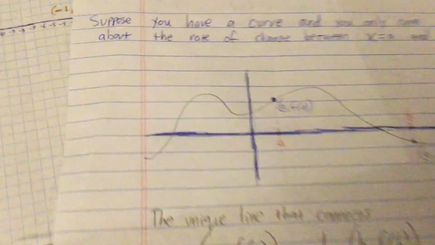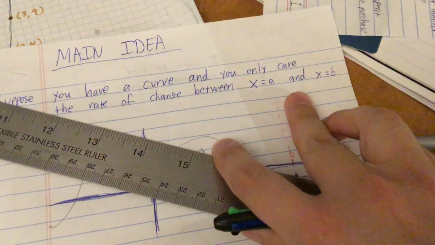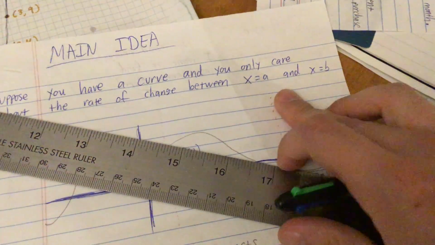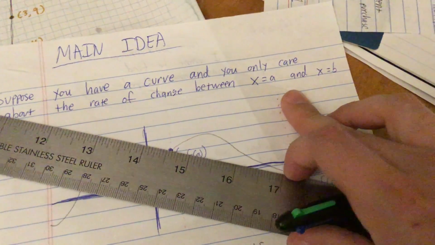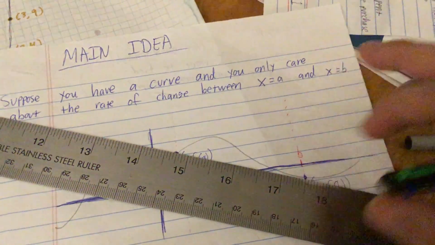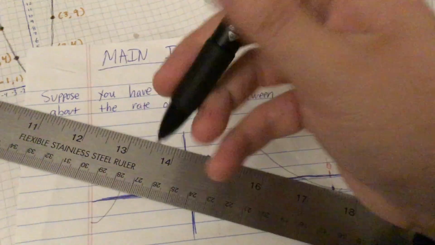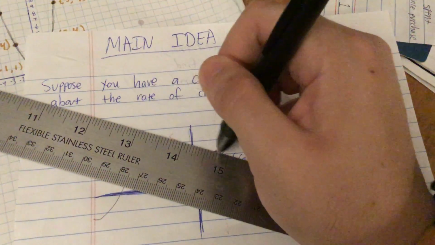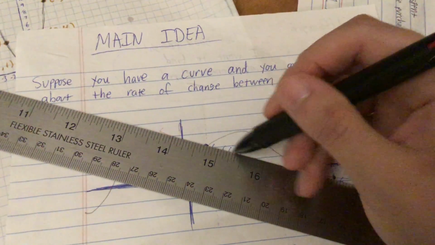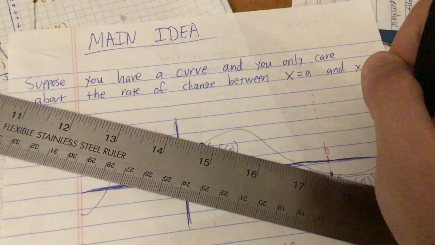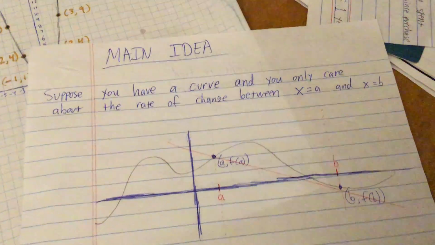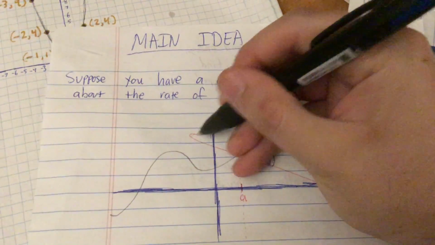It's not cooperating. I got to do it the old-fashioned way. So we call the connection between x equals a and x equals b a secant line. There we go.